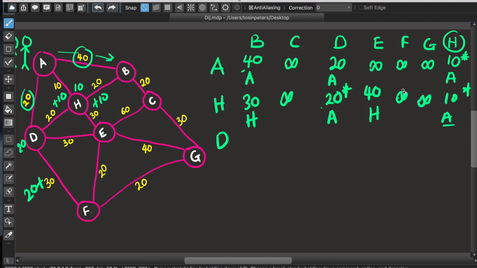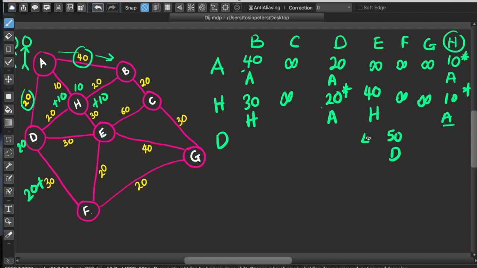Are we going to take that offer? Yes, because it's better than nothing. So D to E is 50. We would write 50 here, but 50 is greater than E's previous value, so it doesn't really make any sense to write 50 here. We're not going to take this offer from D this time around.